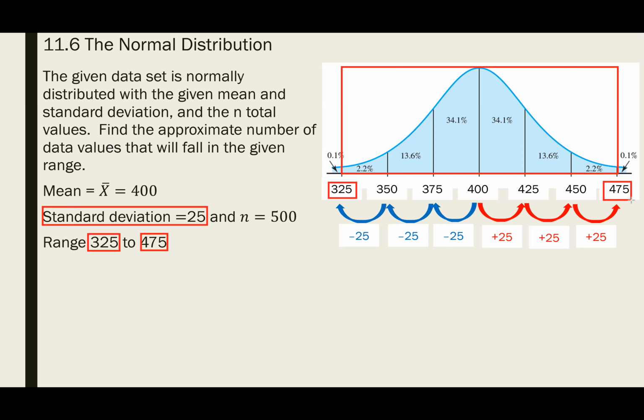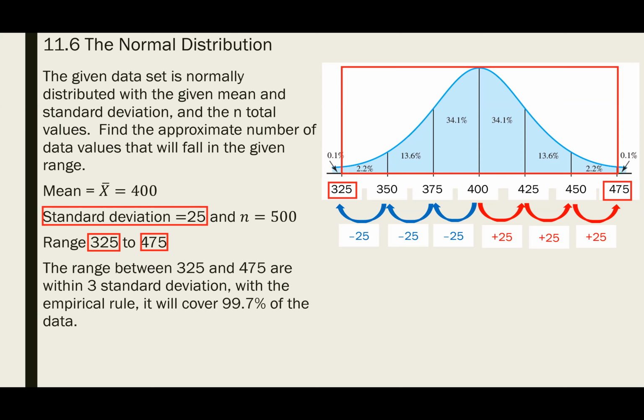So you have to connect this to your empirical rule, and your empirical rule tells you that if you go up 3 steps and down 3 steps, that will include 99.7%. If not, you can take each of these percentages and add them together: 2.2 plus 13.6 plus 34.1.